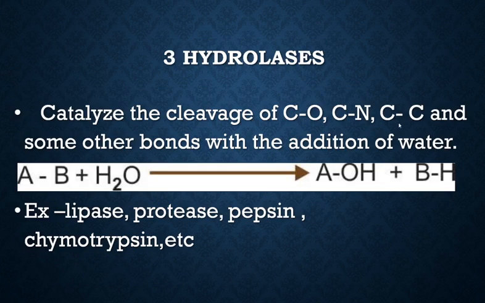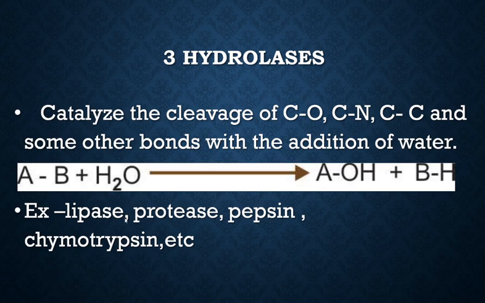Next, hydrolases. It's quite easy. By the name, you can understand hydrolase. It is involved in hydrolysis, the breakdown or cleavage of CO, CN, and CC types of bonds, and you can see how it is added by OH.